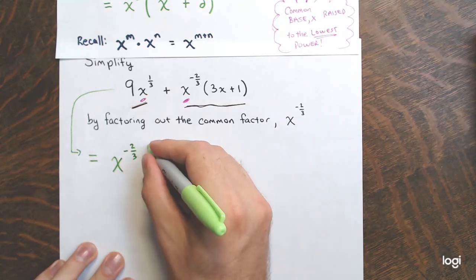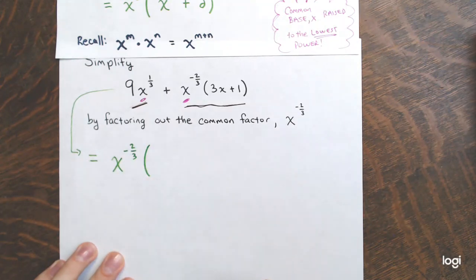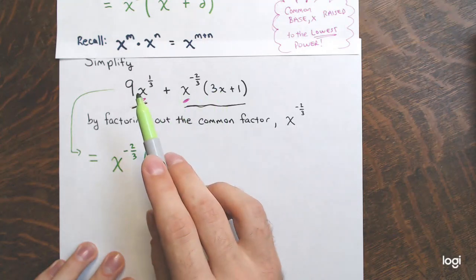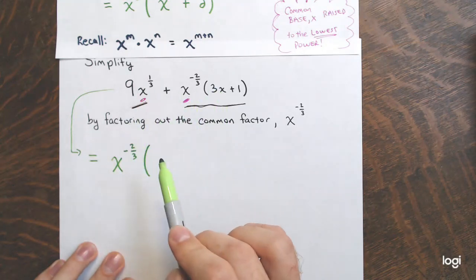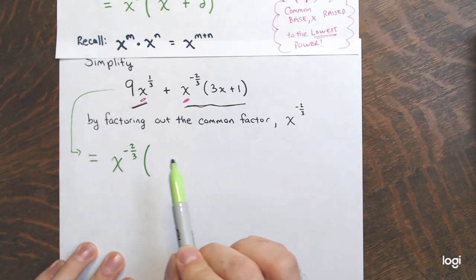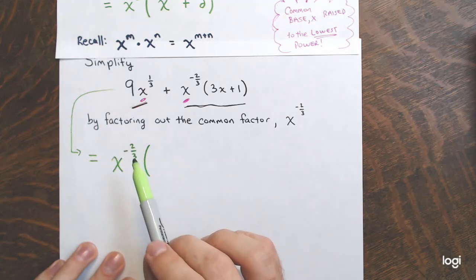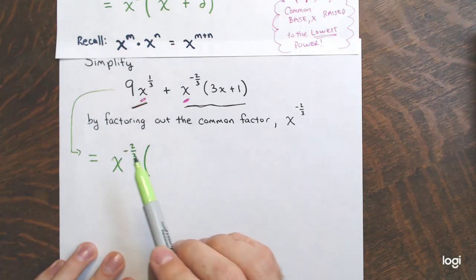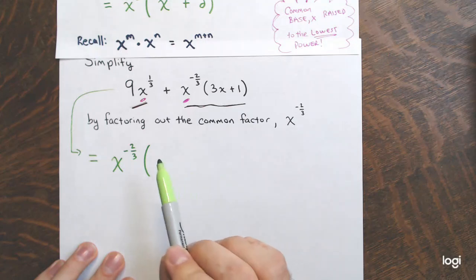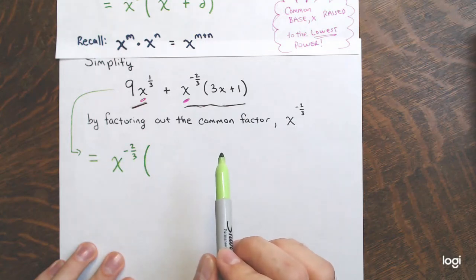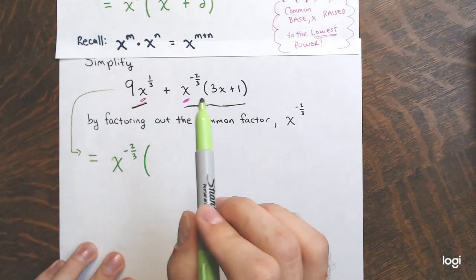So that comes out times, and then big parentheses, and then there were two terms here. I've pulled out this x to the negative 2/3, so in the parentheses there should again be two terms. Think of what two terms would need to be in here, so that when I redistribute the x to the negative 2/3, I'd get my original expression back.